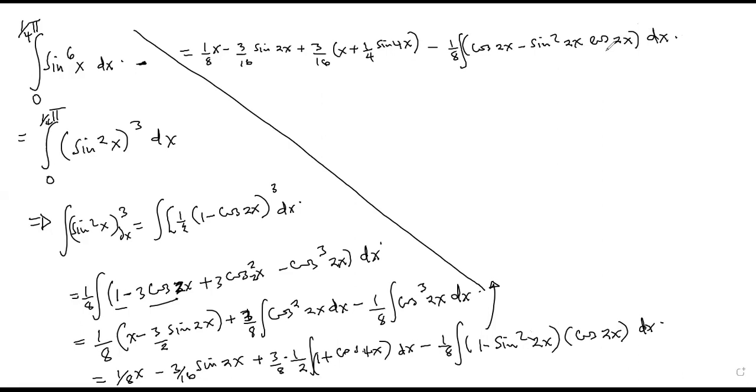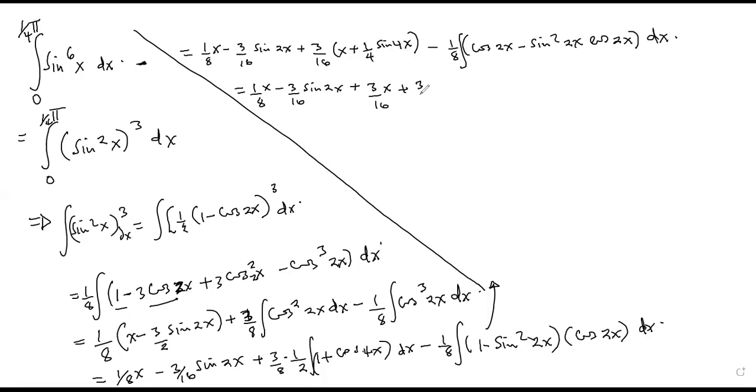Now, this is the same as 1 over 8 x minus 3 over 16 sine 2x plus, when you multiply here, 3 over 16 x, we multiply it here, plus 3, this is 64.